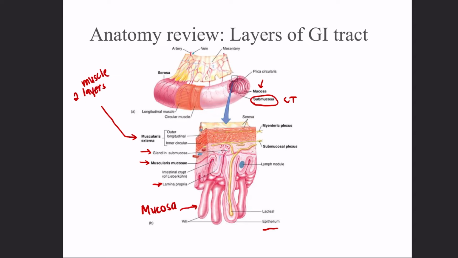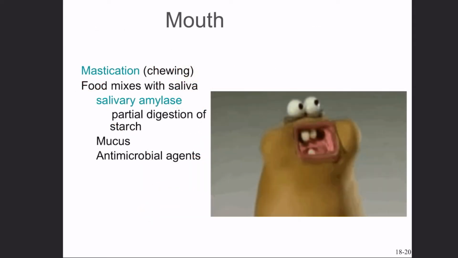Last, we have the serosa layer. The serosa layer is a connective tissue layer, and notice that it's kind of connecting the GI tract to the compartment in the body. We're going to go down the length of the GI tract and talk about the important things that are there, and the functionality when it comes to those major functions that we spoke about before.